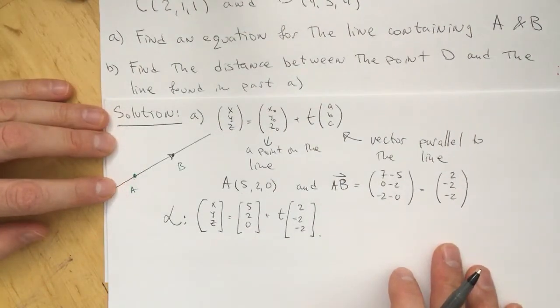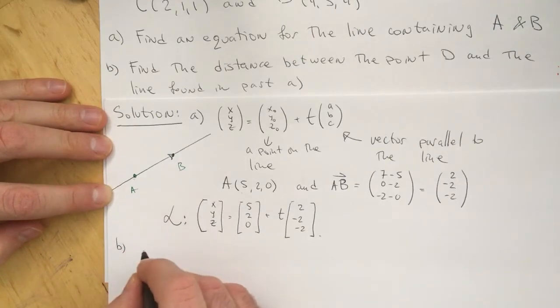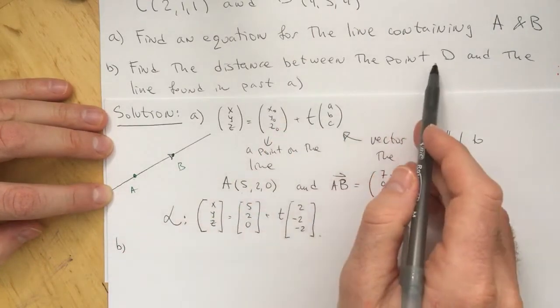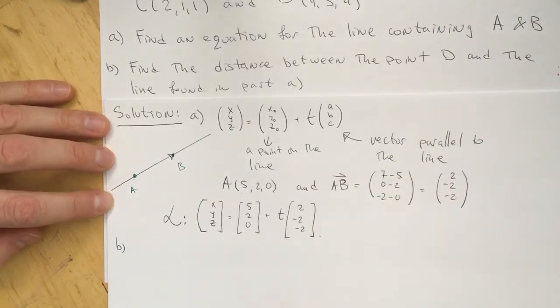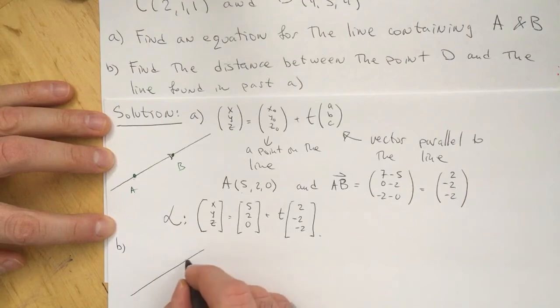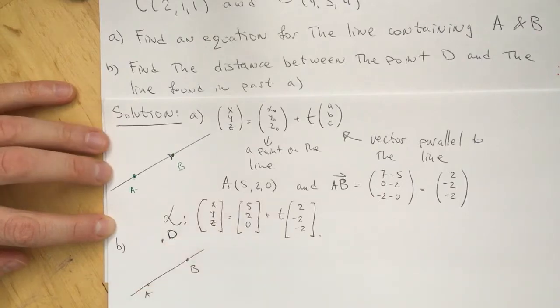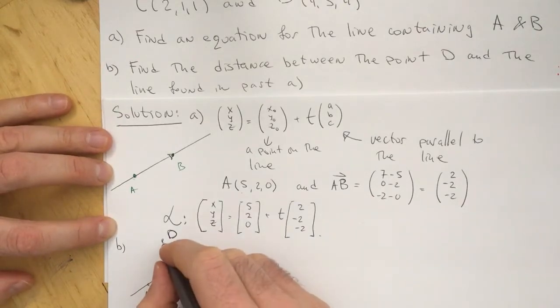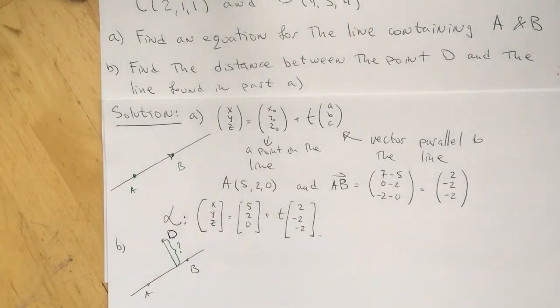Find the distance between the line found in A and the point D. Okay, so now we have here A and B, and the point D. I want to calculate how much this distance is.